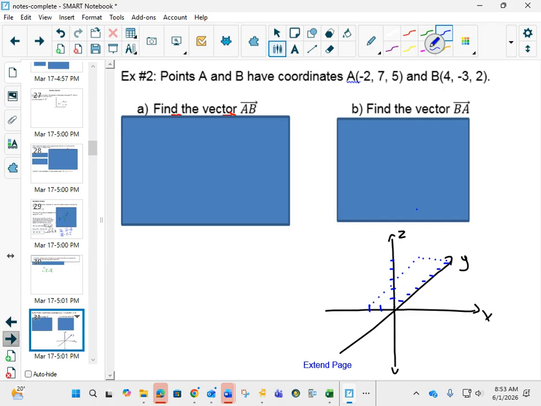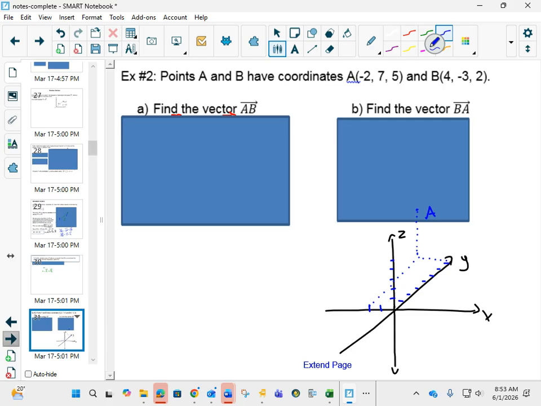There is the point A in 3-dimensional space. So -2 in the X direction, 7 in the Y direction would get us the point -2, 7 in our XY plane. And then we had to go from that point 5 units up. So there's the point A in 3 dimensions.